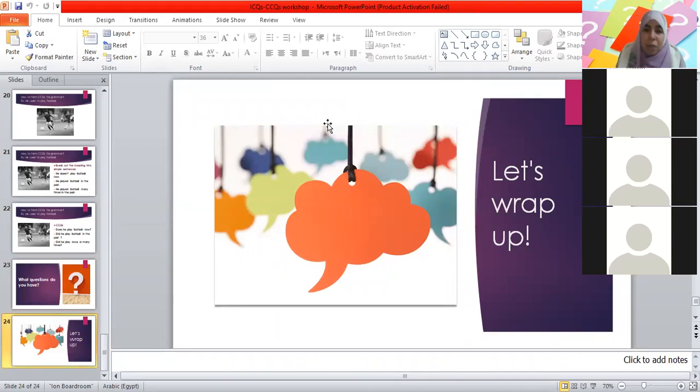What's the difference between them? Display, the teacher knows the answer, but referential, the teacher doesn't know the answer. It's related to the student. Yes, that's right. The answer will be different.